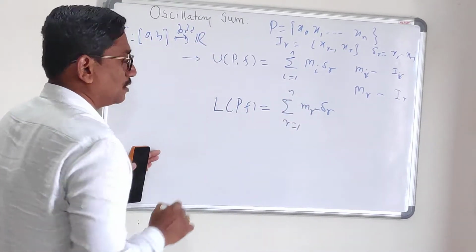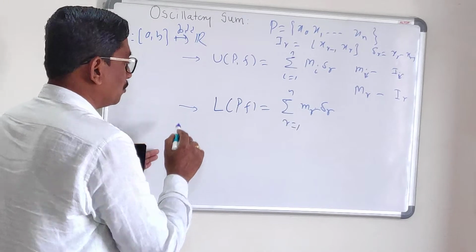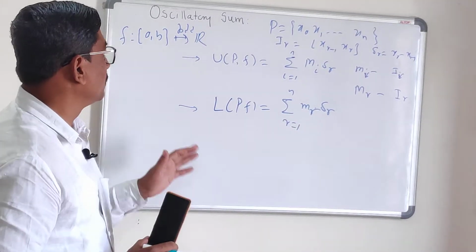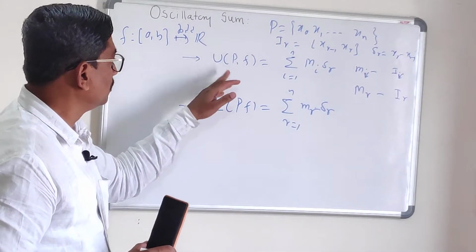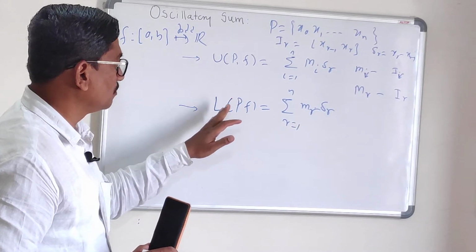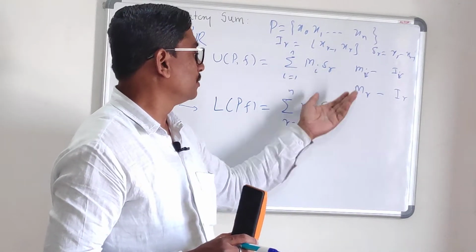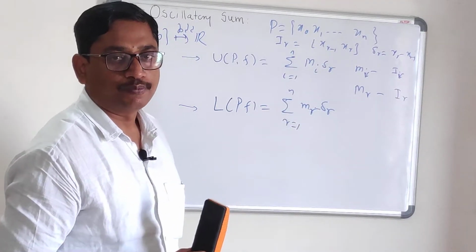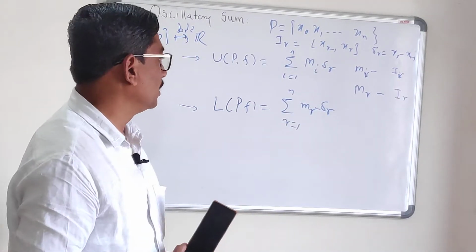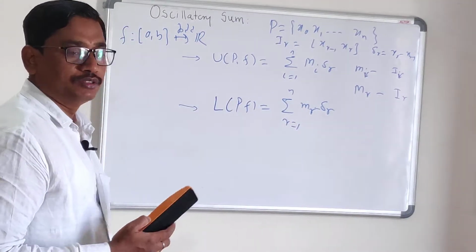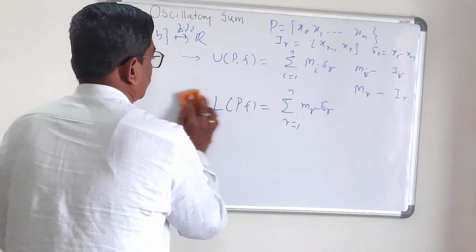This is known as upper Darboux sum and this is known as lower Darboux sum, and since the function is bounded, all upper sums and lower sums have to exist, because on each subinterval it is bounded and the length of each subinterval can be calculated. So the existence of upper Darboux sum and lower Darboux sum is guaranteed due to the boundedness of the function.